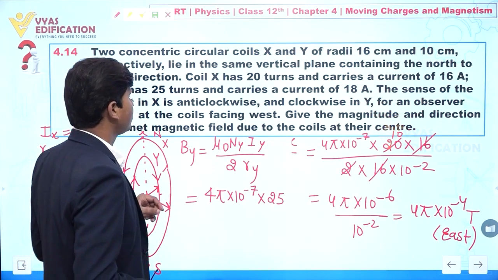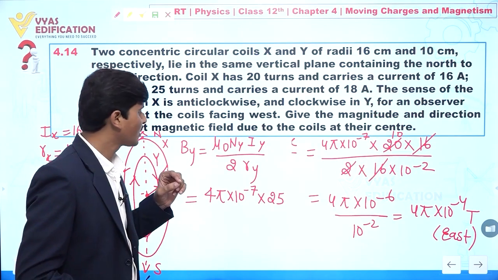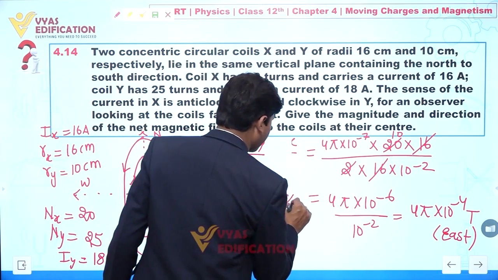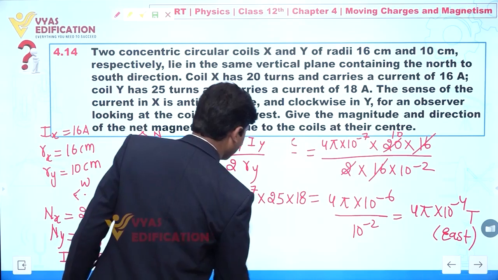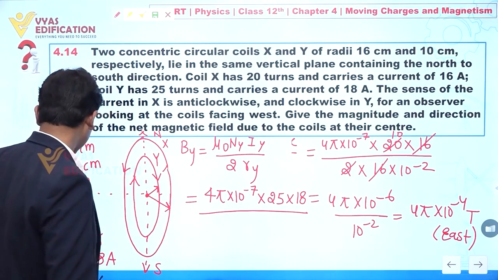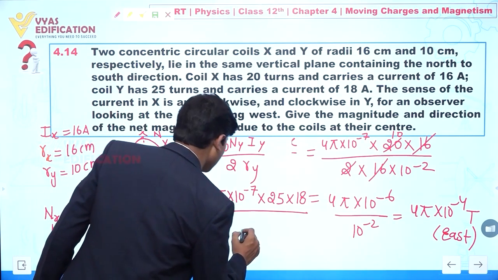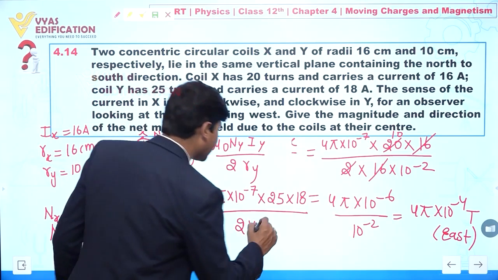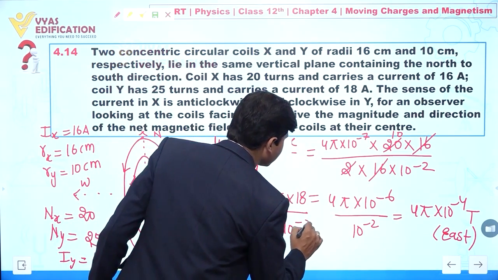Clear? And Iy is equal to 18. It is divided by 2 times Ry, which is given to you as 10 centimeter. So I can say 10 into 10 to the power minus 2.